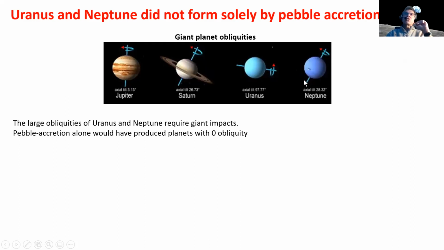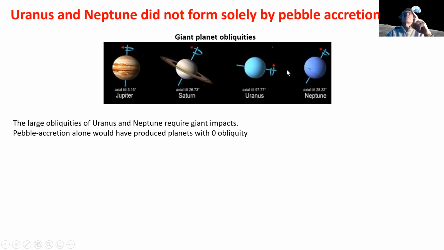For Neptune, the inclination is 30 degrees. For Uranus, it is even 98 degrees. Now, if Uranus and Neptune had accreted only pebbles, then their spin axes should have been perfectly vertical.